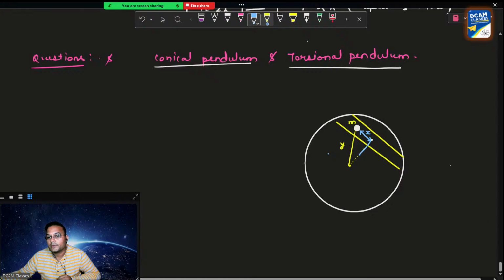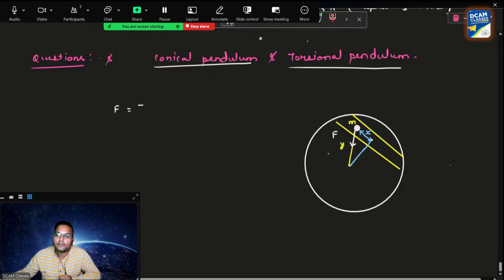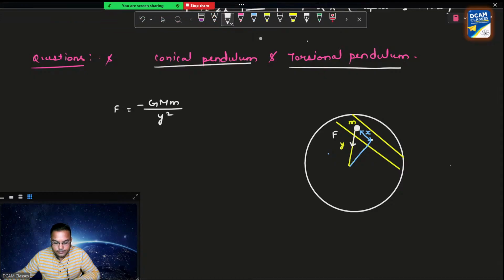Okay. Now we know that the gravitational force of attraction will be towards this direction, and this force is given by minus G capital M small m by y square. No, sorry. It's not like that. Field is there now. We have to calculate the field at this point, and then that field has to be multiplied with the mass.